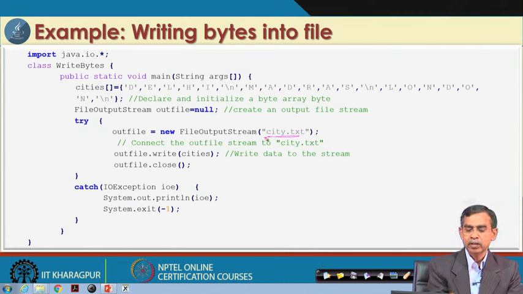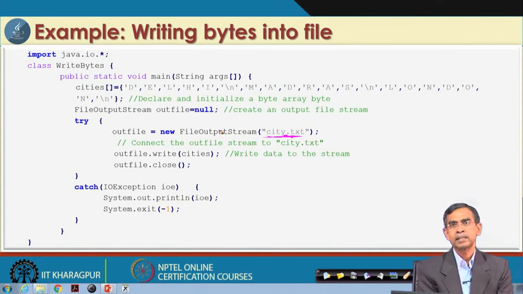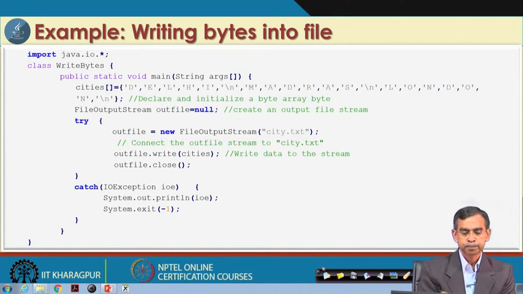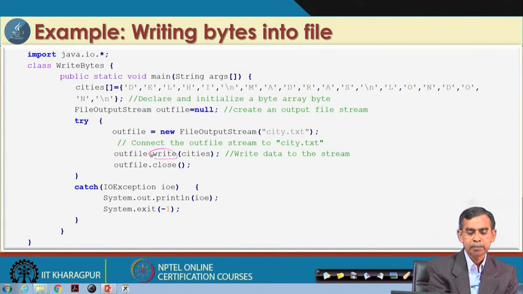The ct.text is the file name, and it will establish a connection from your program to that file. Now, here out file write is the method. If we pass this array of bytes, then the entire array of bytes will be written into this file ct.text.